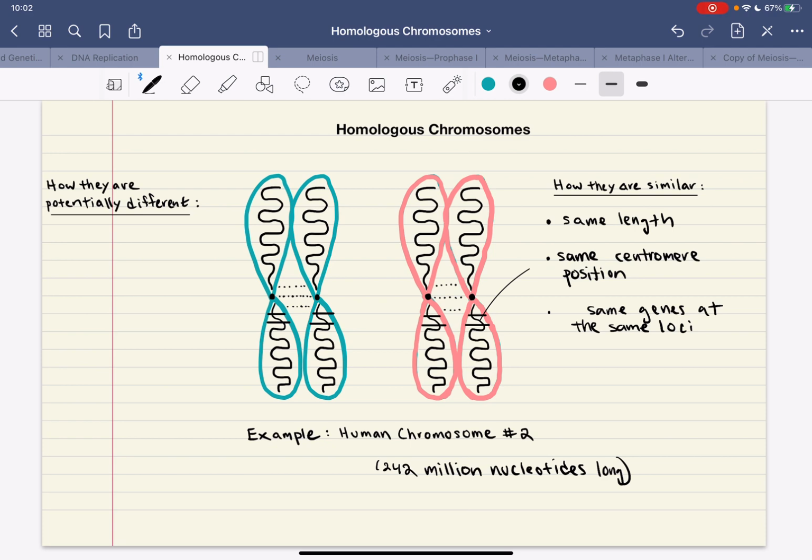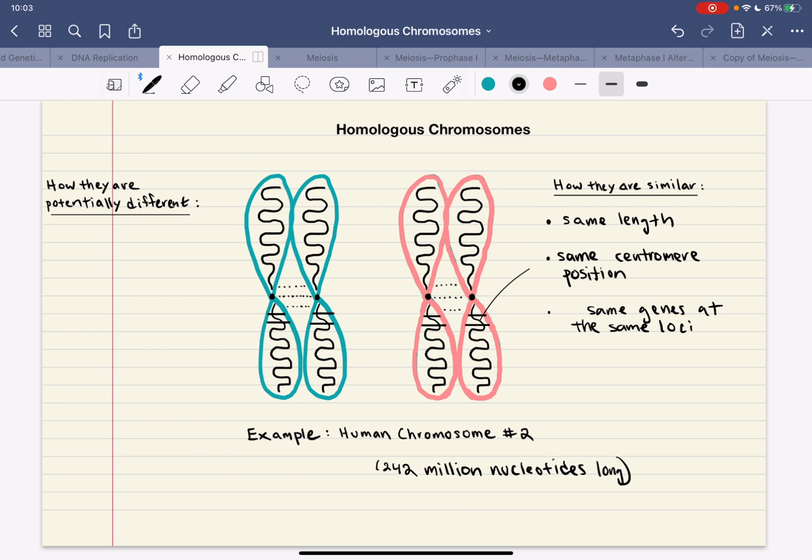So all I'm saying is these two chromosomes have the same exact genes that are intended to code for the same exact proteins, and those genes are located exactly the same spots on both chromosomes. So keeping with a real world example here, I'm going to pick a real human gene that is located on chromosome number 2.